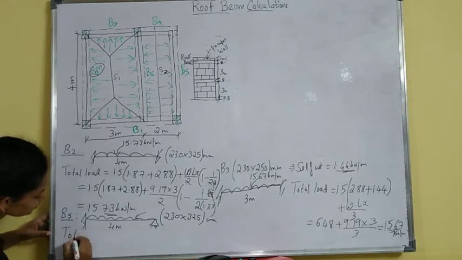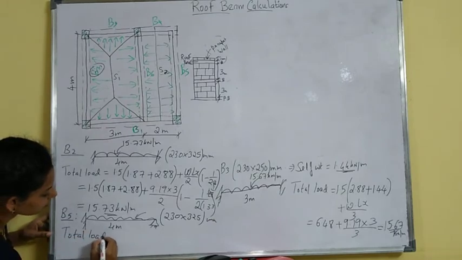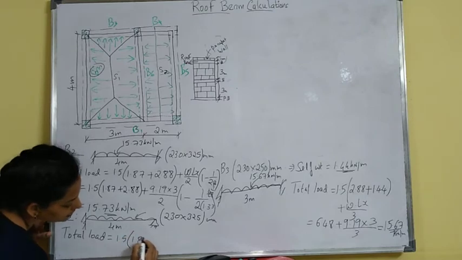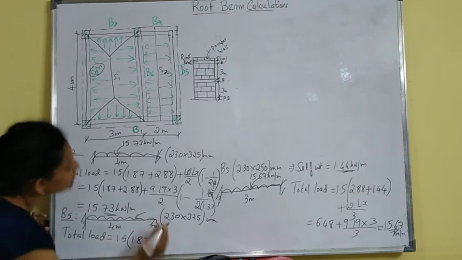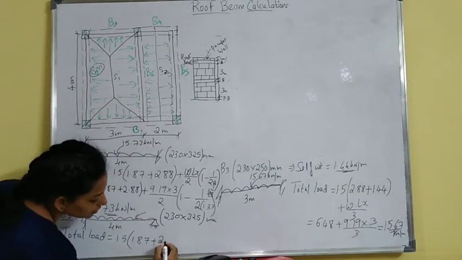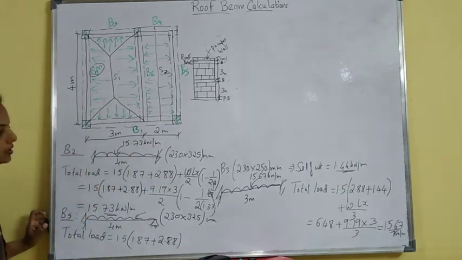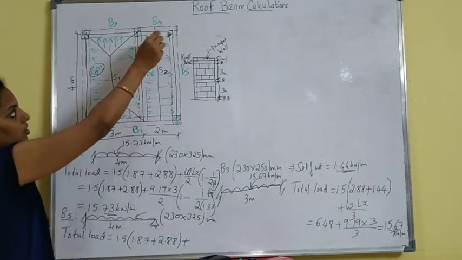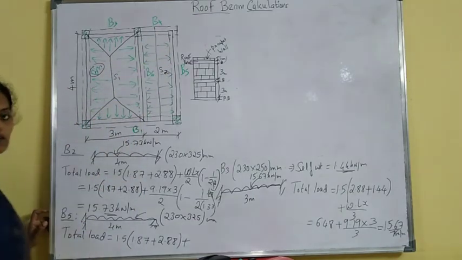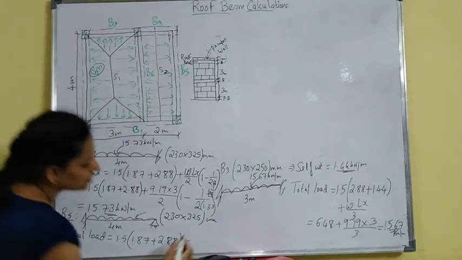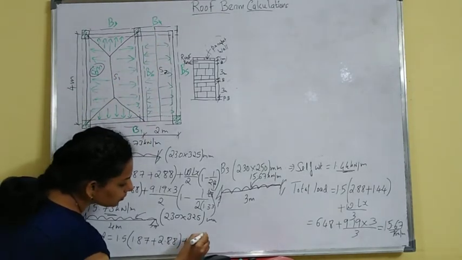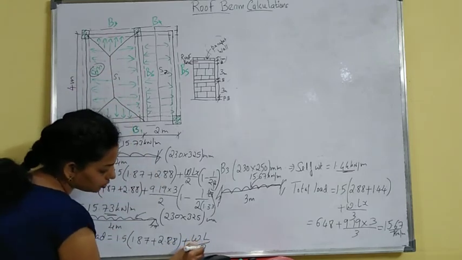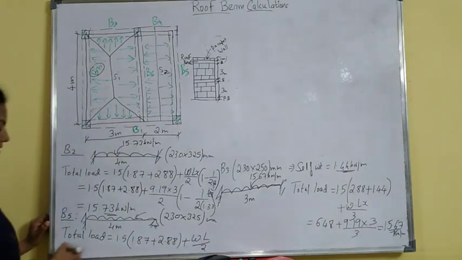Therefore the total load is 1.5 into self weight, which is the same, 1.87, plus parapet wall load, that is 2.88, plus here you have a one way distribution slab. So here it will be half of a rectangular section, that is W into L divided by 2.